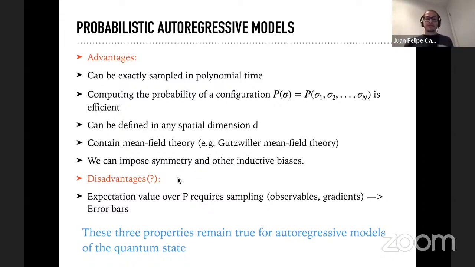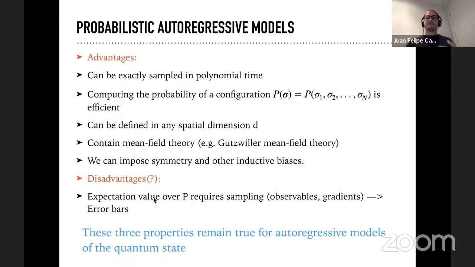So what are the disadvantages? I have a question mark here, because to compute expectation values over the distribution, or over the amplitude squared of the wave function, you require sampling to compute observables and gradients. That leads to an error bar in the estimations of the gradients and so on.